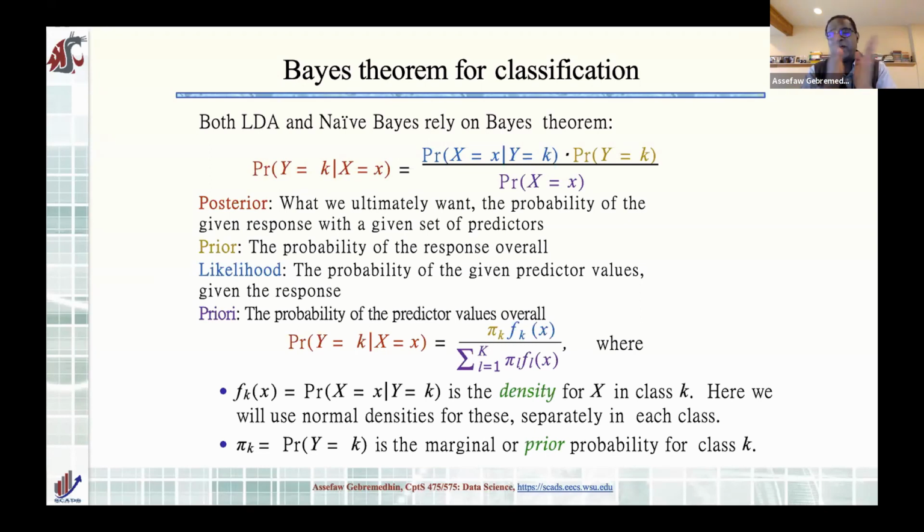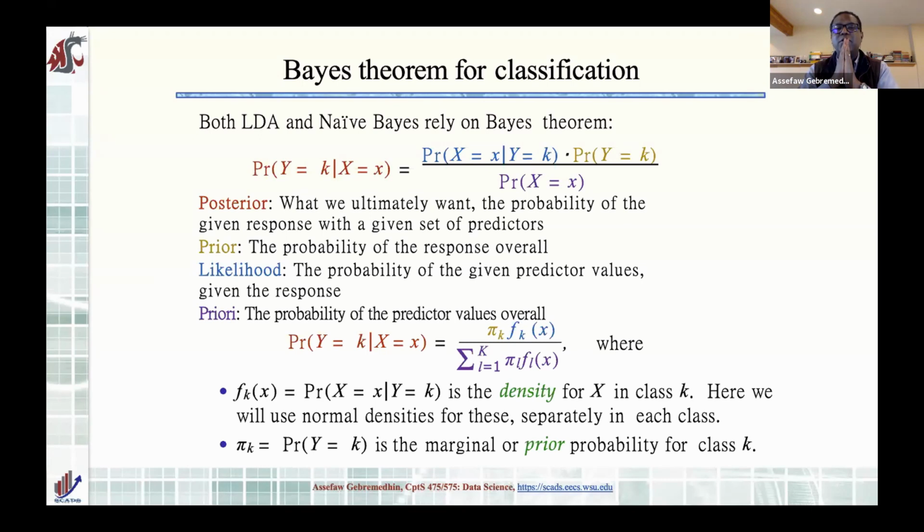And we're looking at conditional probabilities. So the probability that y gets the value k, given x is a particular x we have chosen, is a conditional probability, something given something. The something first is y equals k, and what is given is X equals x.